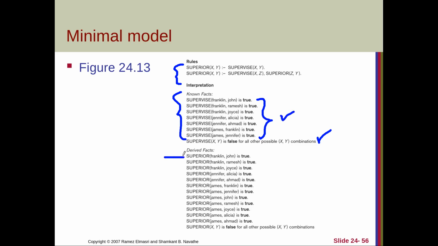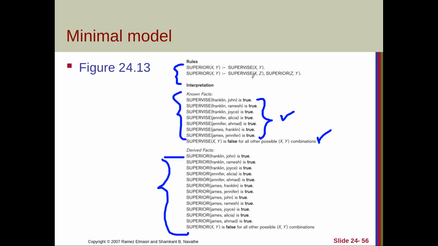Now based on this, we are deriving a new set of facts. So we are getting this much true information, and from that we can form different facts. We can derive a number of other facts based on different values. That is, Franklin is superior of John, because you can look into the previous case.